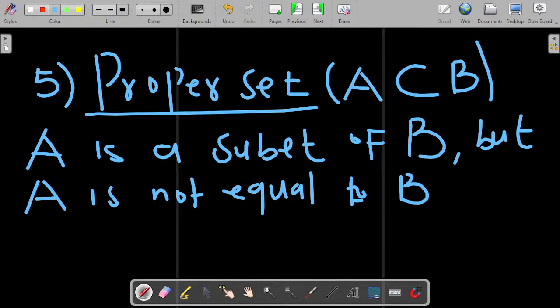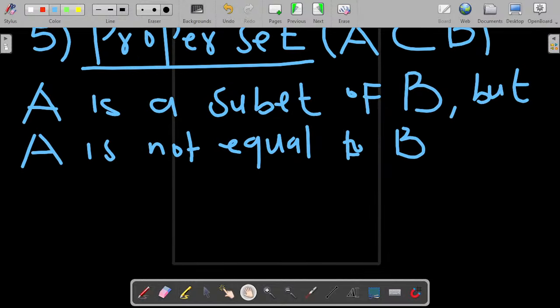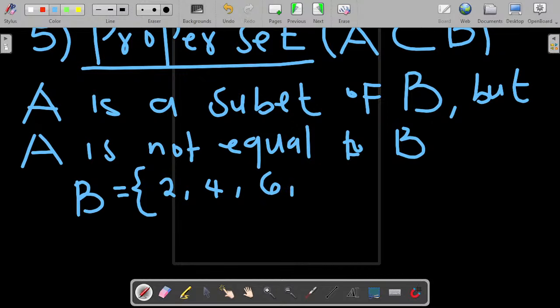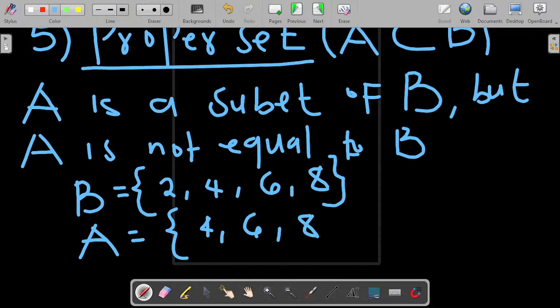So a typical example is this. Maybe I have B as 2, 4, 6, 8, and we have A as 4, 6, and 8.